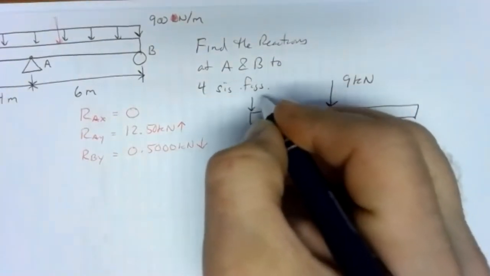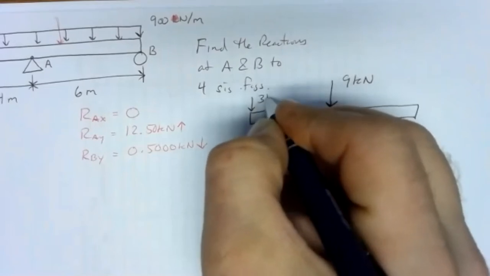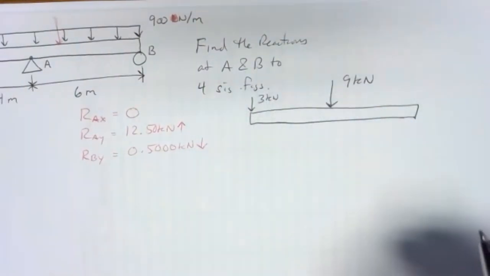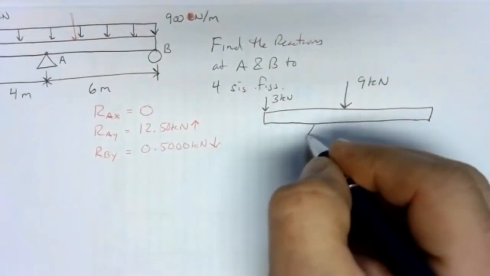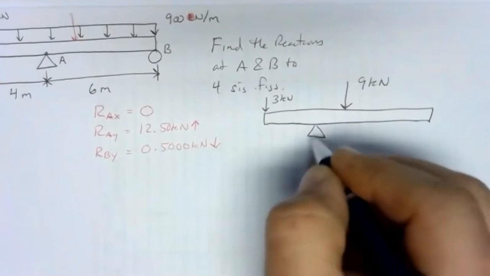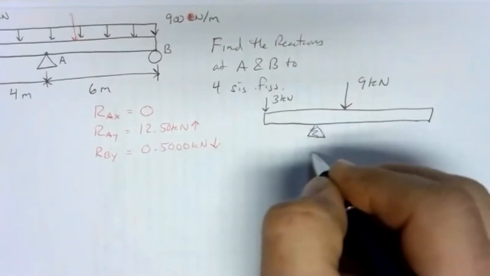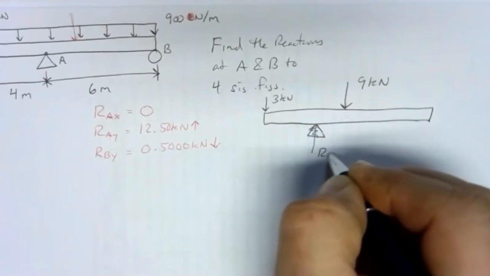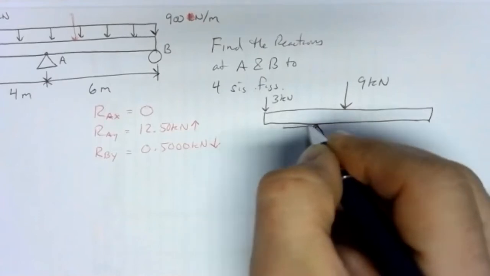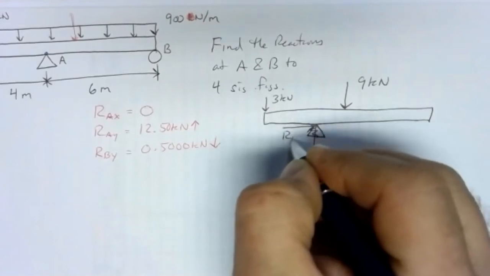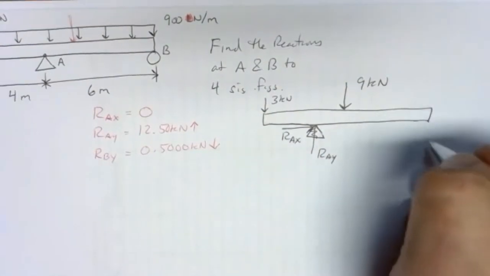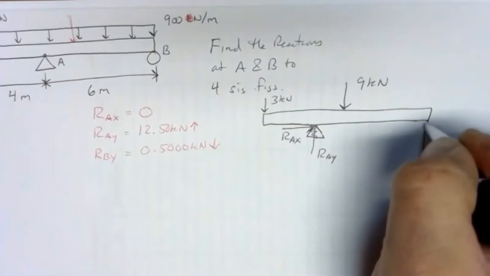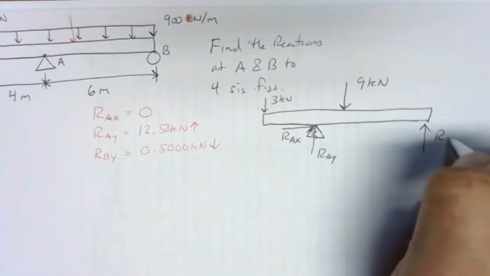At the left end, we have 3 kilonewtons. Then 4 meters in from the end, we've got our pin support, which I shouldn't have drawn there. Got RAY and RAX, the forces the pinned support supplies. And then at the far right end of the beam, we've got our vertical RBY.